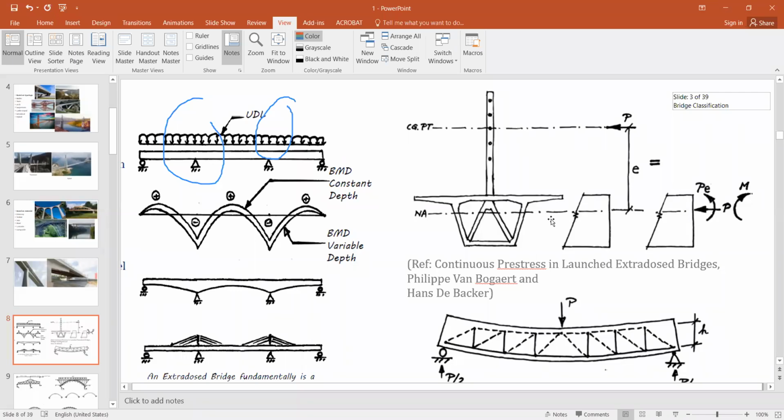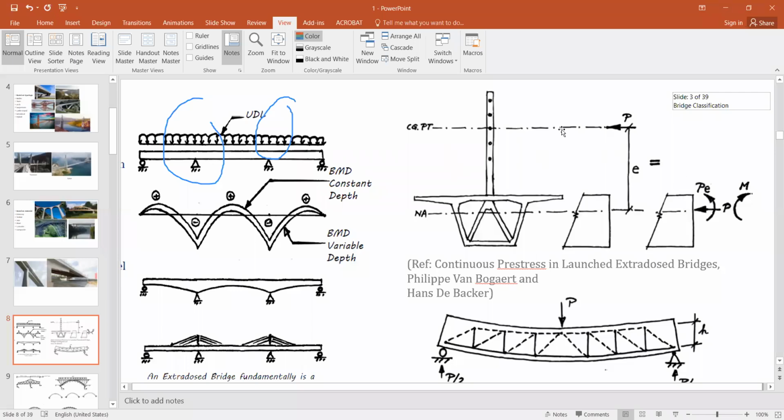But in extradosed, we shift these tendons from here to there. So we provide a higher eccentricity. This resists the couple created by the demand. So this moment is resisted by the combination of P and E.